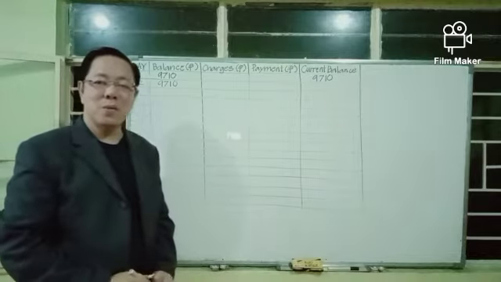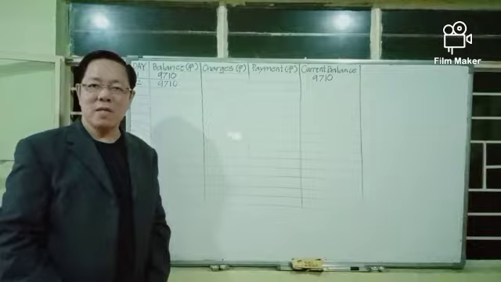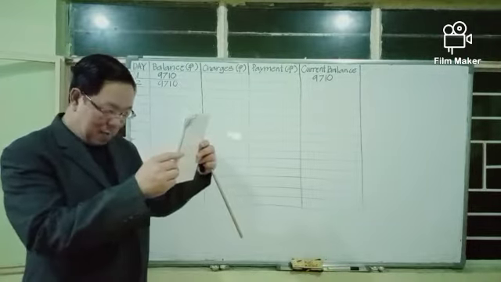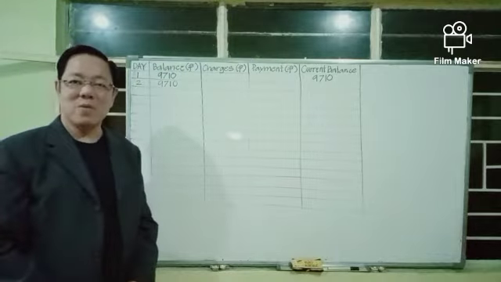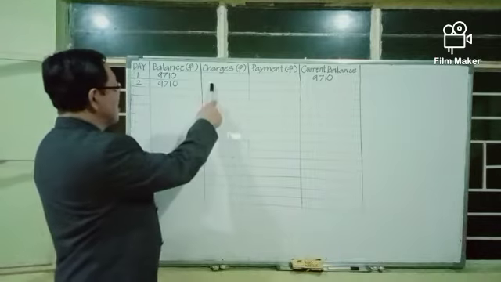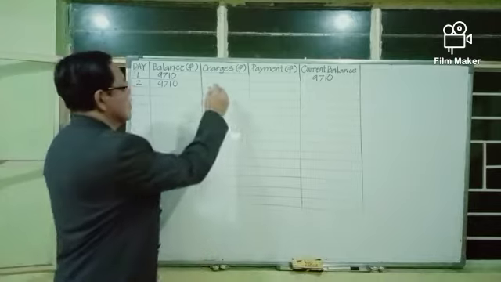And on November 2, as given in the problem, Ninya made a transaction using her credit card to pay for medicines worth 864 pesos. So her credit card would be charged with this amount, and we write in this column for November 2, 864 pesos.